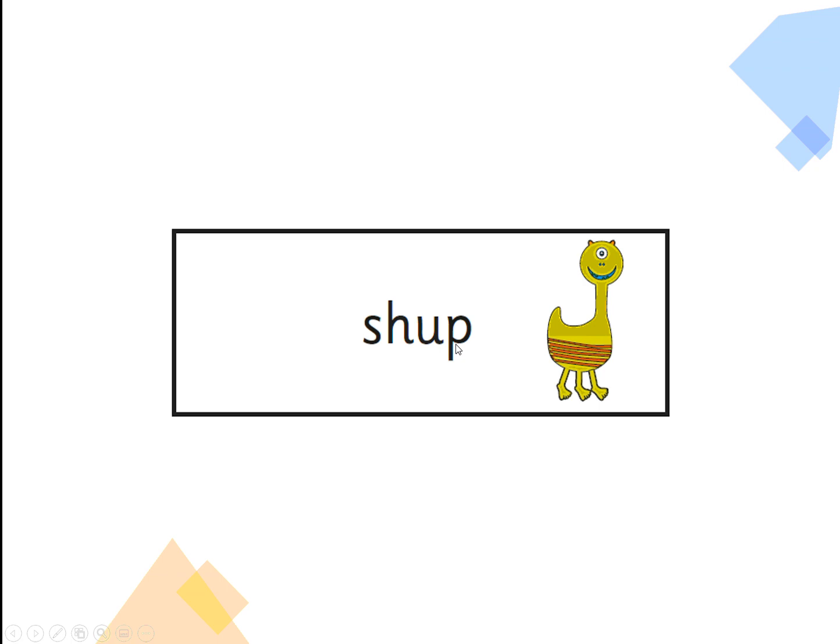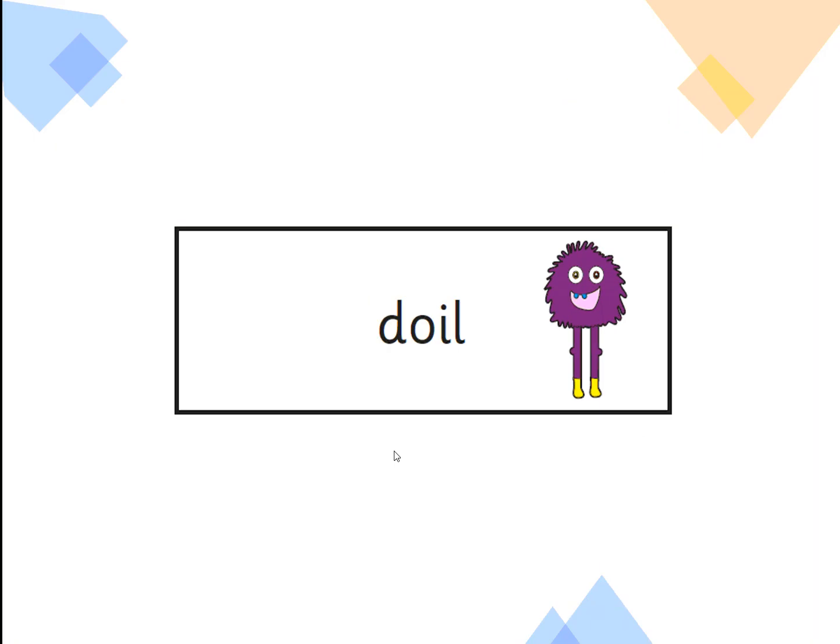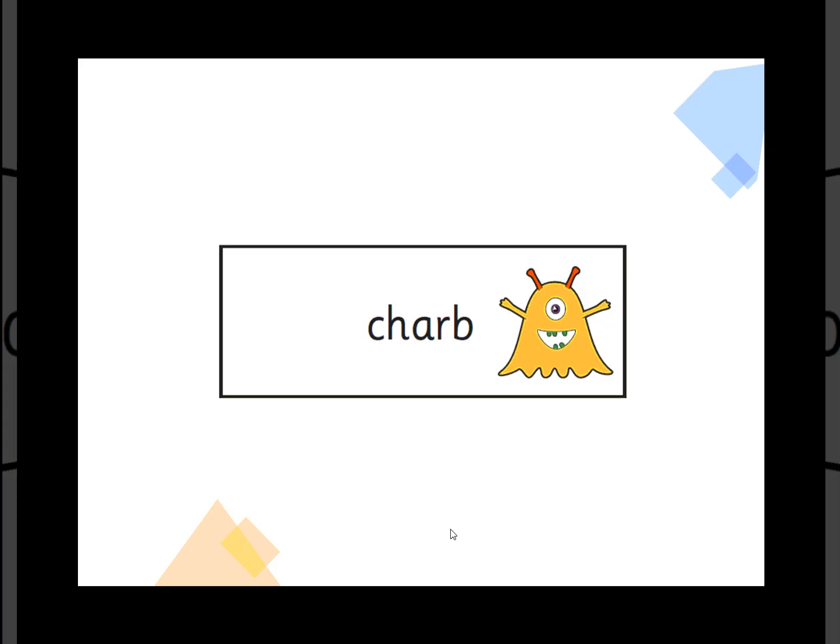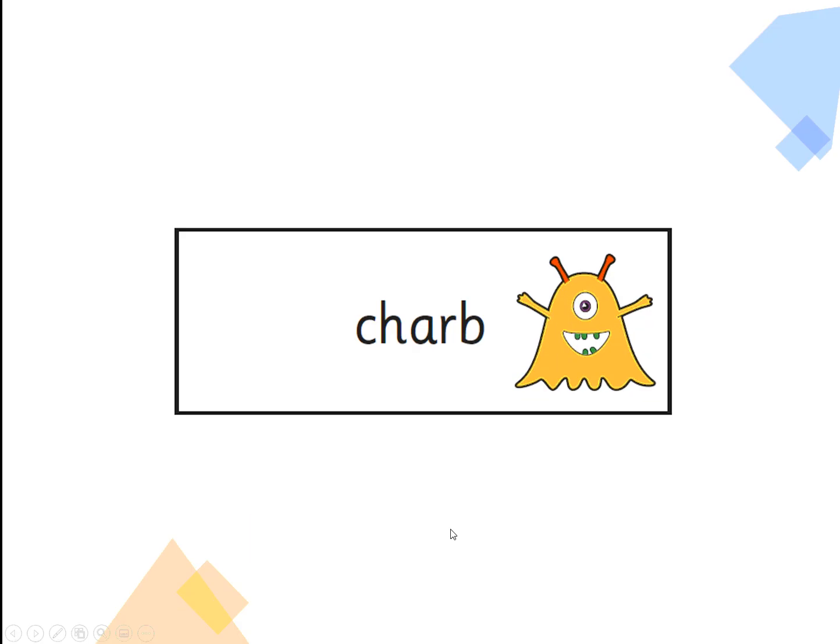Shup rhymes with cup, but again, if you pronounce cup differently, that's fine. Oil rhymes with boil. Charb rhymes with garb or barb.